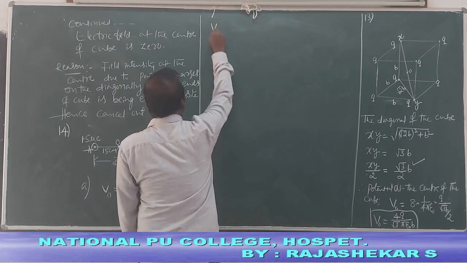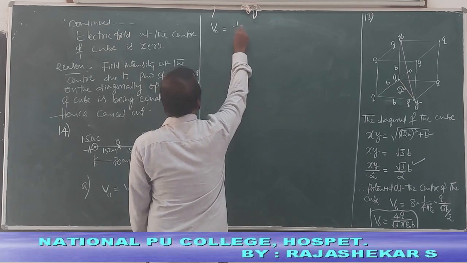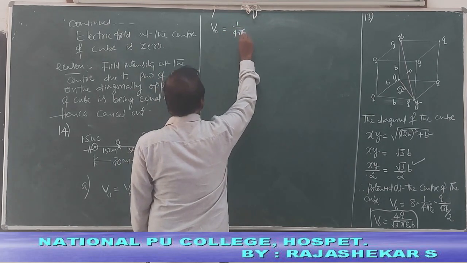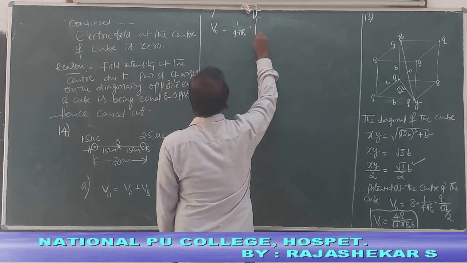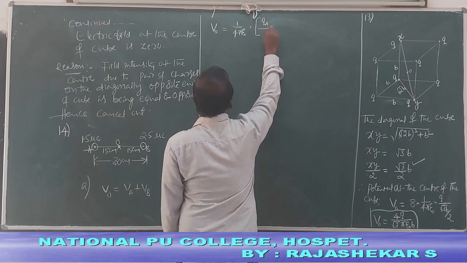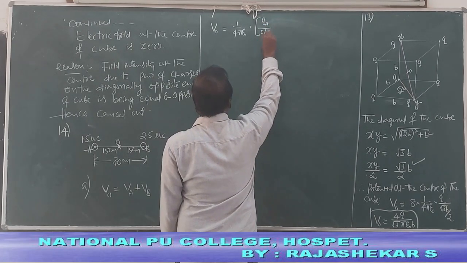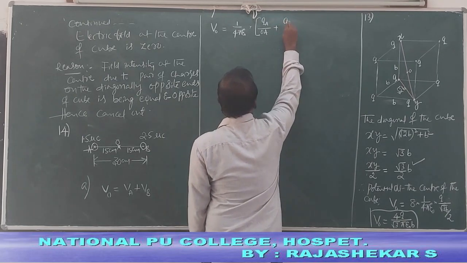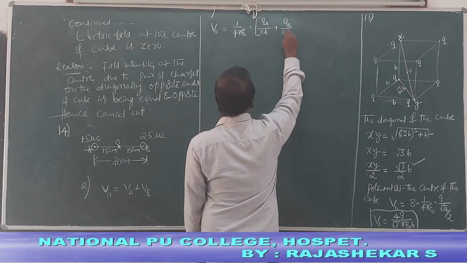Potential at the midpoint is equal to 1 by 4 pi epsilon naught, which is common, into the charge at A divided by its distance, say OA, plus the charge at B divided by its distance, say OB.